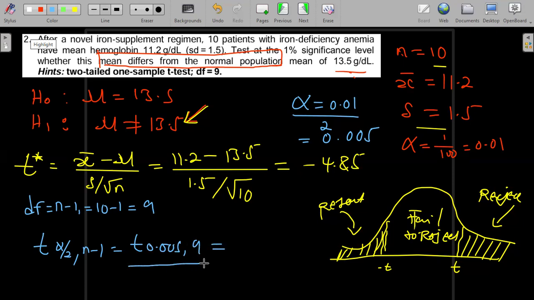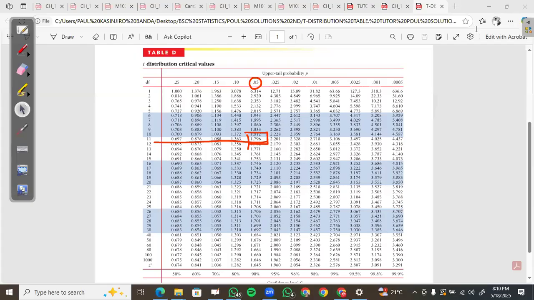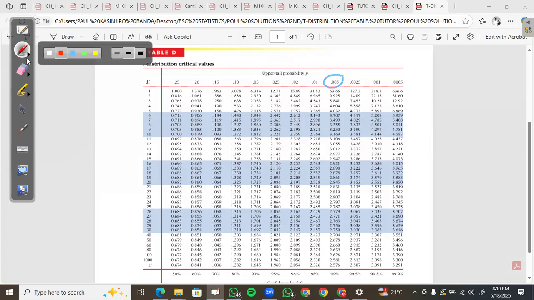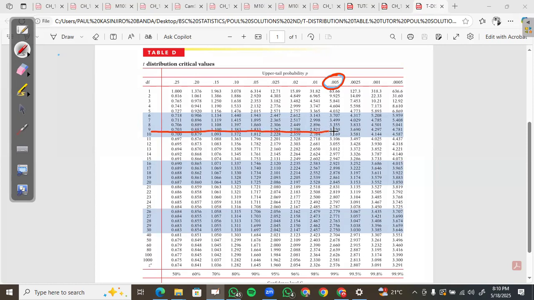So let's find this value on our t table. 0.005, comma 9. If I go here on my t table, the 0.005 is there. Let me use red. This is the 0.005, and then I'm going to 9. So 9 is there, and I'm coming like that. This is the value that I'm going to get.